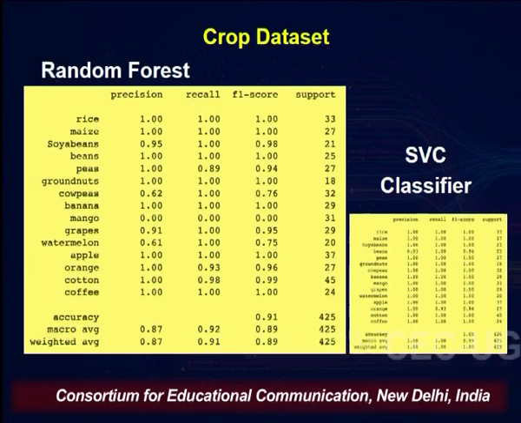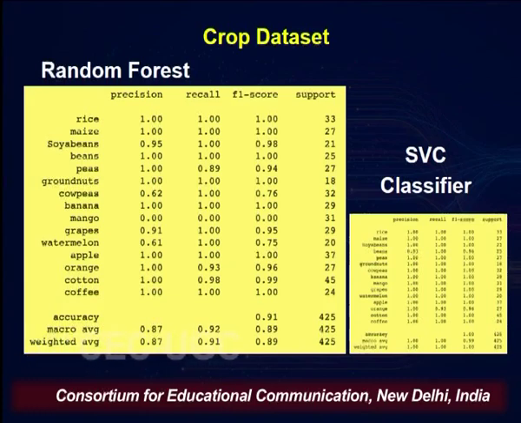In the first vertical column, you can see that there are different types of crops: rice, maize, soybeans. All these crops are actually the classes. So, you can see multiple classes are there, and for each class the performance analysis is performed.